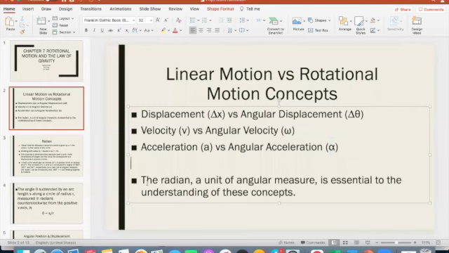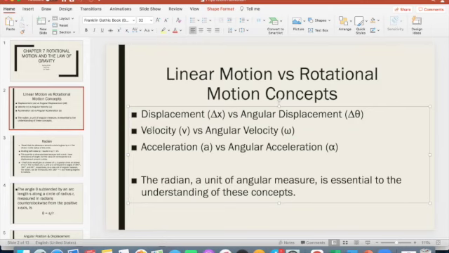All right, so the radian is the unit of angular measurement. This is going to be essential to understanding these concepts. The SI unit is going to be the radian now for the rotational motion concepts. For linear displacement, it was in meters.